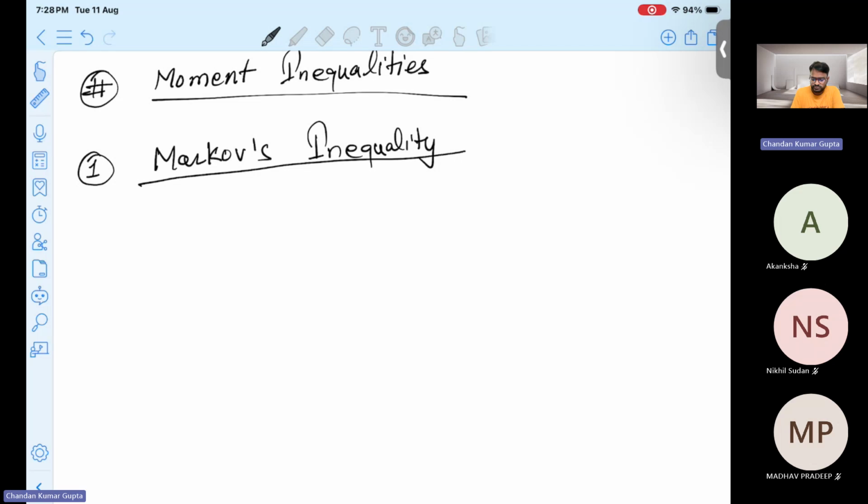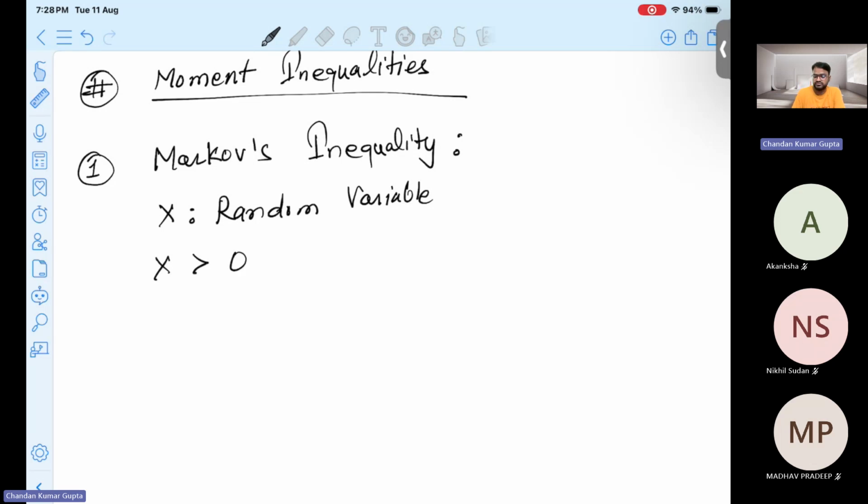So again, suppose we are given a random variable x. Here x is positive.